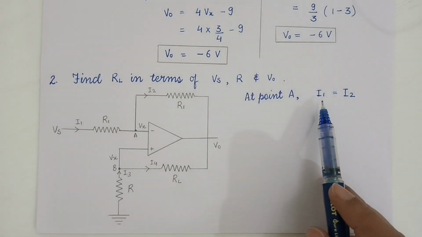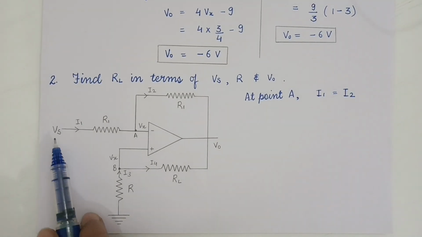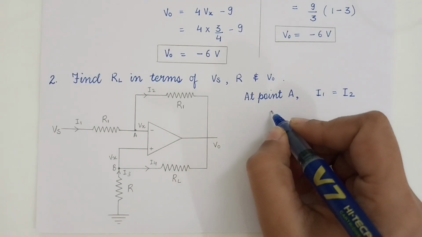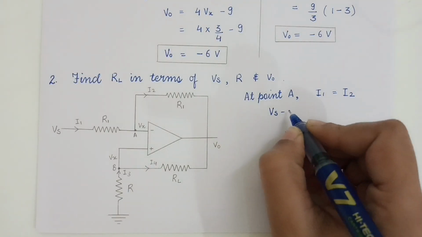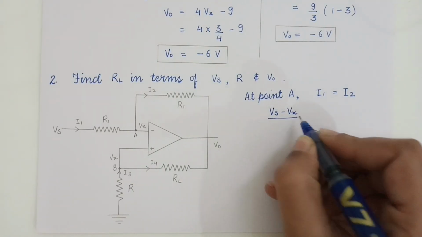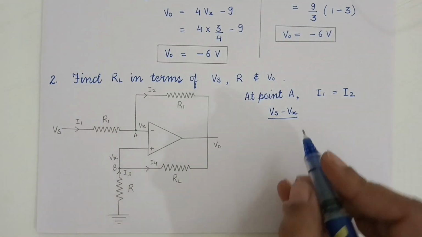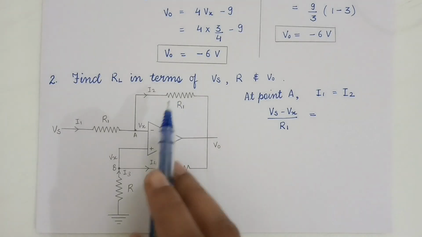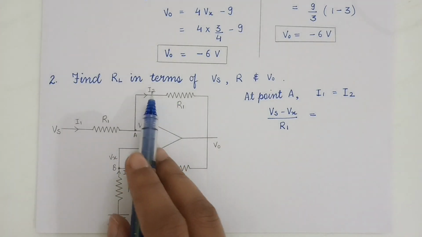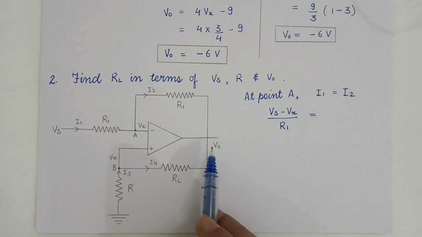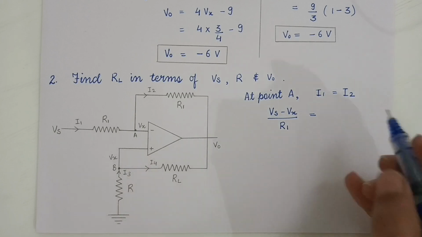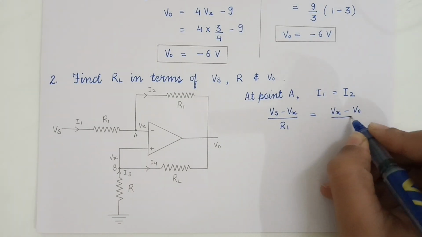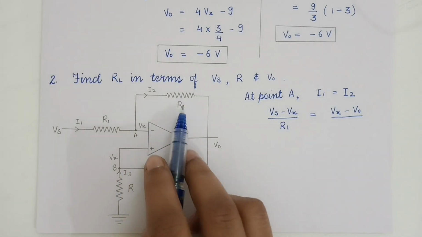Now again I is equal to V by R. So here V is Vs minus Vx, so Vs minus Vx divided by the resistance. Here the resistance is R1, is equal to the outgoing current. So Vx at this end followed by V0 at the other end. So Vx minus V0 divided by R1.